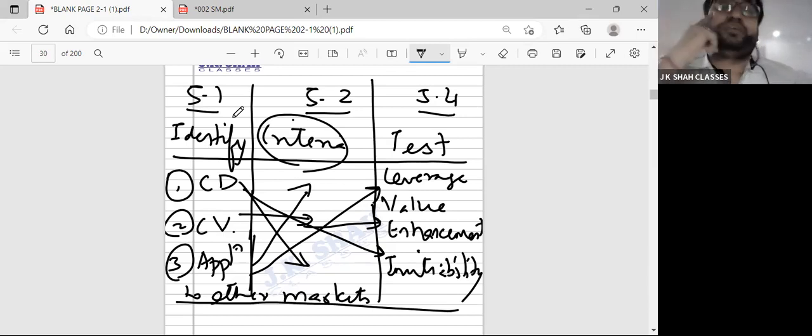Tell me, what are the ways to identify core competence? Competitor differentiation, customer value, application to other markets. These three are the identification points. Who gave us this core competence? CK Prahlad and Gary Hamel.